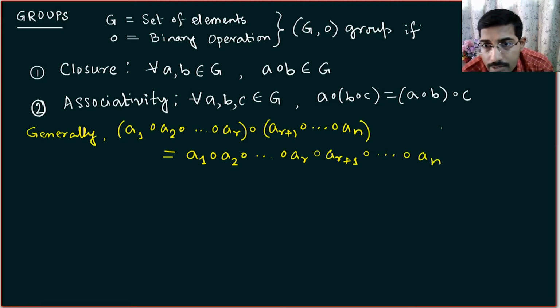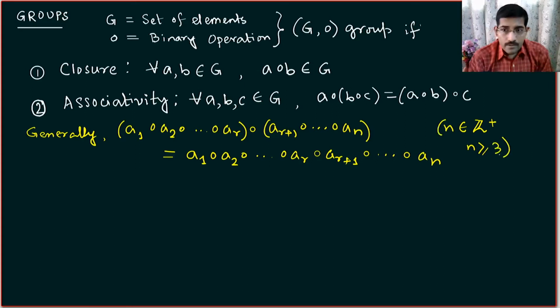Here I have assumed that N belongs to Z plus and N is greater than or equal to 3. So these are my assumptions.